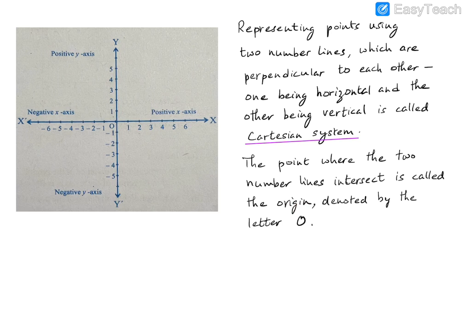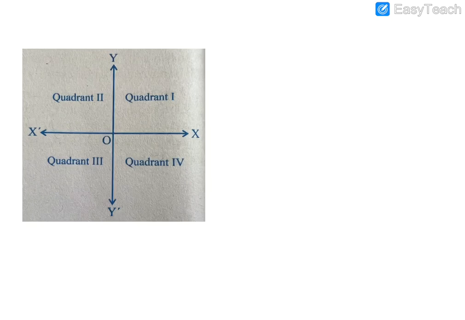The next term that we should understand is what is called the quadrant. Now, if we have the two number lines, the axes, the x-axis and the y-axis, so we have X dash X as our horizontal number line, which is the x-axis, and Y dash Y is the vertical number line, which is the y-axis. And we notice that these two number lines, when they intersect, divide the entire plane into four quarters.